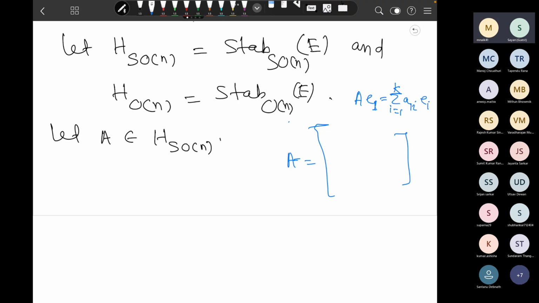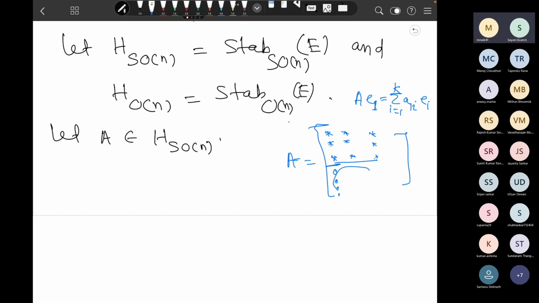That means if you look at the first column of A, there will be entries up to the kth row, and the rest are 0. Similar things happen for E2, and this holds up to the kth column.